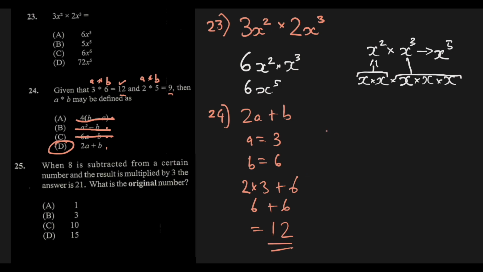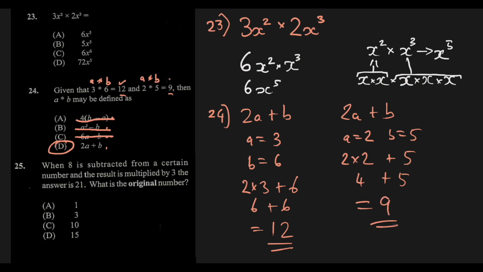Now the next one we have is 2a plus b for when a is equal to 2 and b is equal to 5. So 2a, so 2 times 2 plus 5. So 2 times 2 is 4, plus 5 is 9. So as you can see now, we got our 9. So we know that this is definitely the answer.